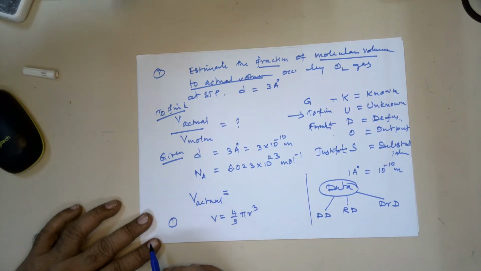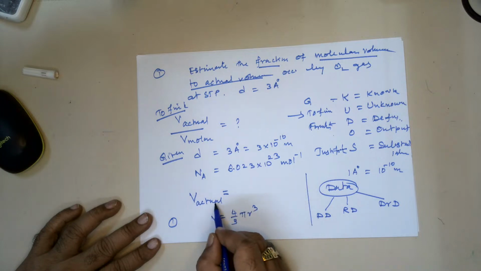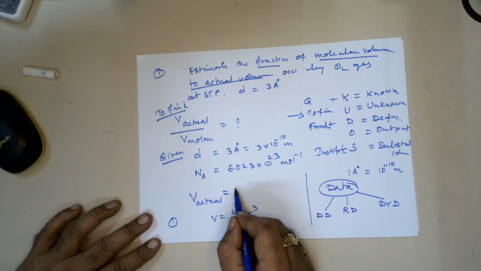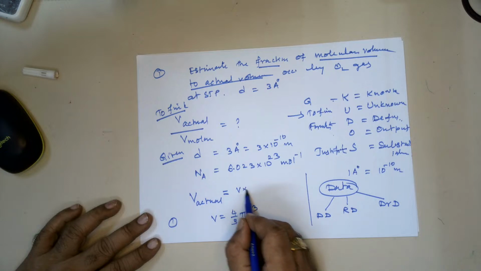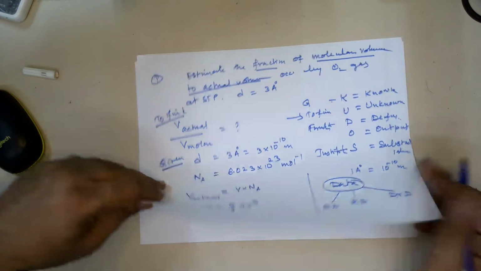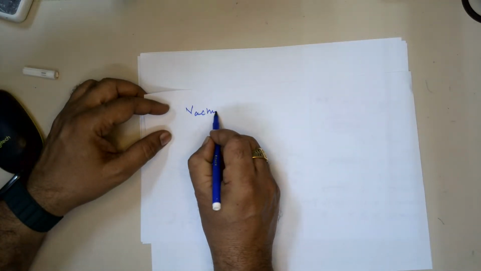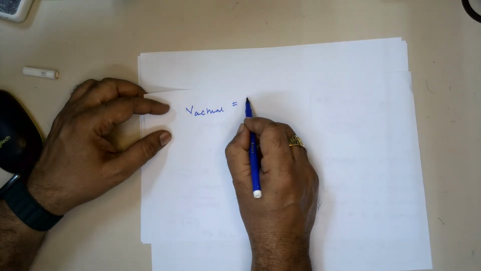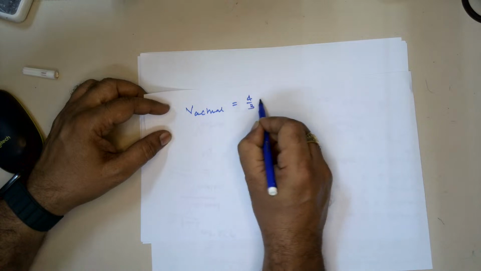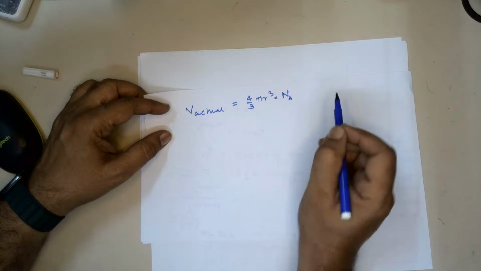Are you able to follow? So you have to consider this actual volume as V into Avogadro's number, that is 4 by 3 pi r cube into Avogadro's number. Okay.